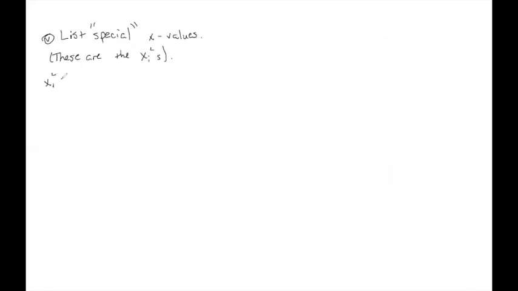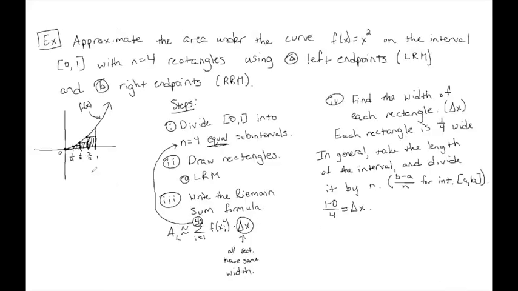So the first rectangle has left endpoint 0, the second has 1/4, the third has 1/2, and the fourth has 3/4. x1, x2, x3, and x4.